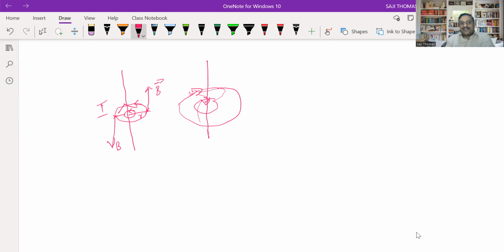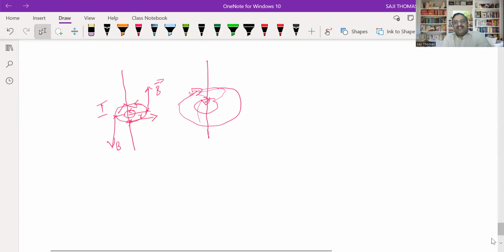If you want to find out the magnetic field at this point, it will be in this direction. So magnetic field is always perpendicular to the plane containing direction of current and R. You remember that. The strength of the magnetic field depends on the strength of the current and distance from the current conductor.